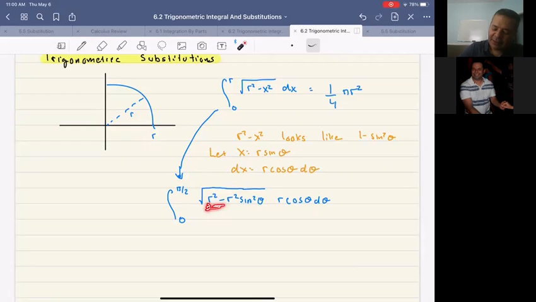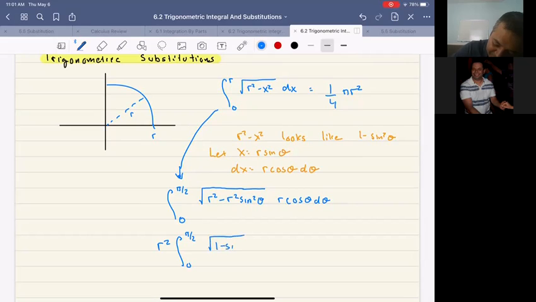When we factor it out of the square root, it becomes r, and then we have this r, so we get r squared out front. The integral of r squared from 0 to pi over 2 has the square root of 1 minus sine squared of theta, times cosine theta d theta.